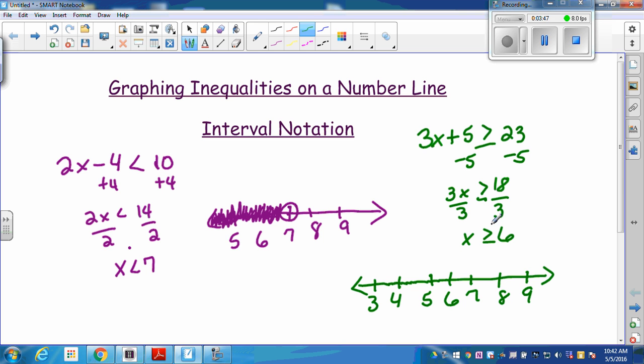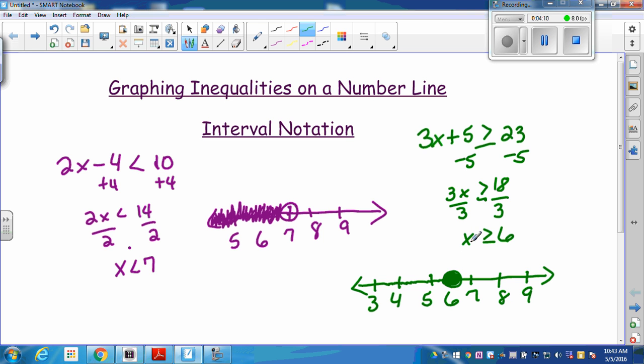Okay, now since I have x is greater than or equal to 6, that means 6 is included in the solution. That means if I plug 6 back in here, I'm going to get a reasonable answer. So I'm going to do my circle at 6, and in this case I get to color in the circle at 6 because, again, 6 is included because of the equal to symbol there.